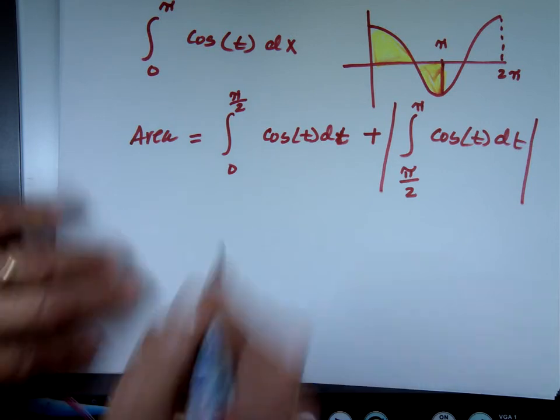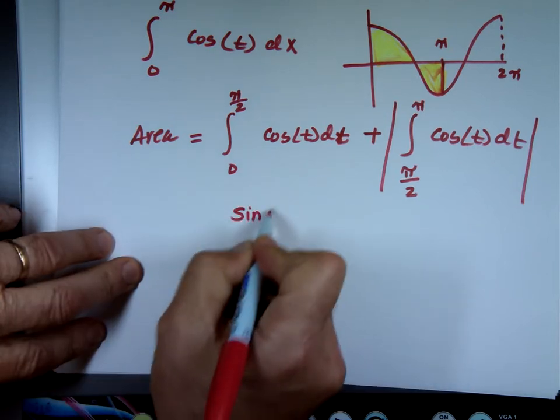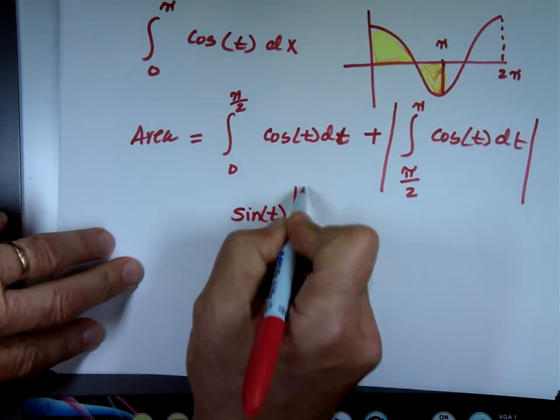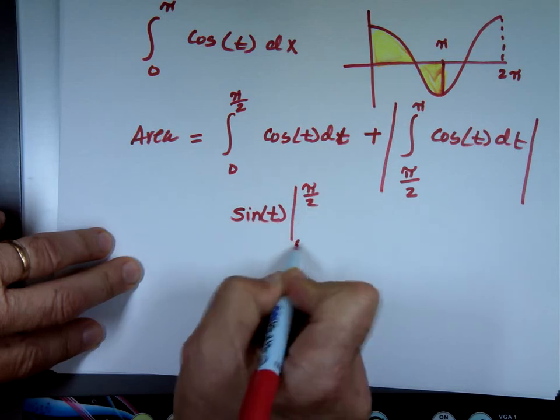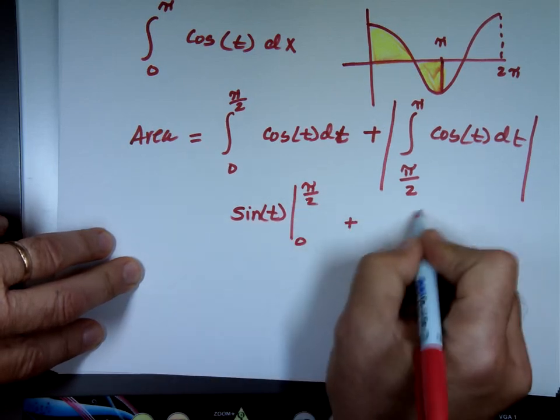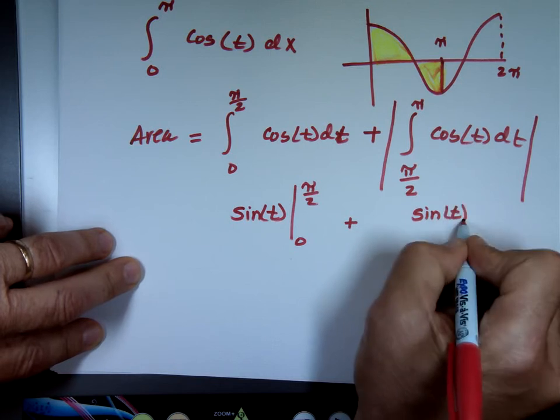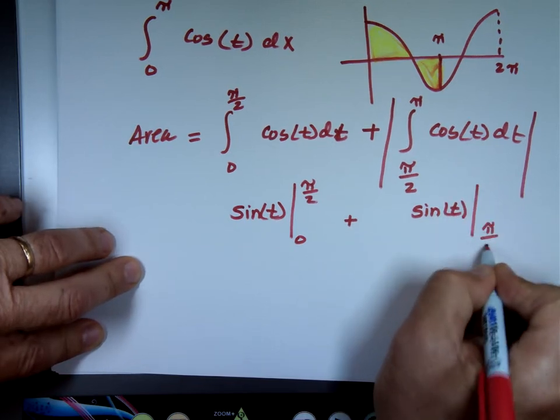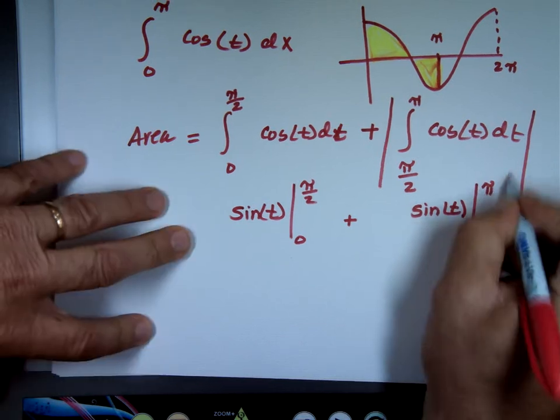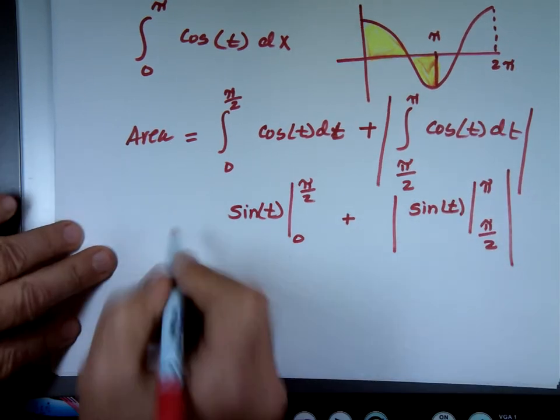Sine. This will be sine, pi over 2 to where? Pi. And let me take the absolute value of that. If you're looking for the area.